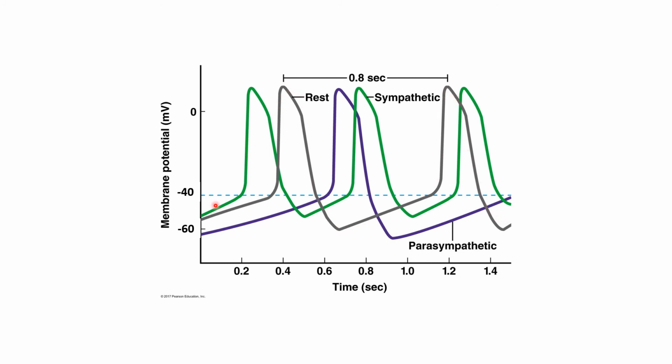So it's speeding up that heart rate because we're shortening the drift, or shortening the pacemaker potential. And in the parasympathetic system, this purple one, we're lengthening that pacemaker potential, taking it longer to get to the -40, and we're getting just 1 action potential in the time we would normally get 2. So we're seeing how we can really change that heart rate with the parasympathetic system.